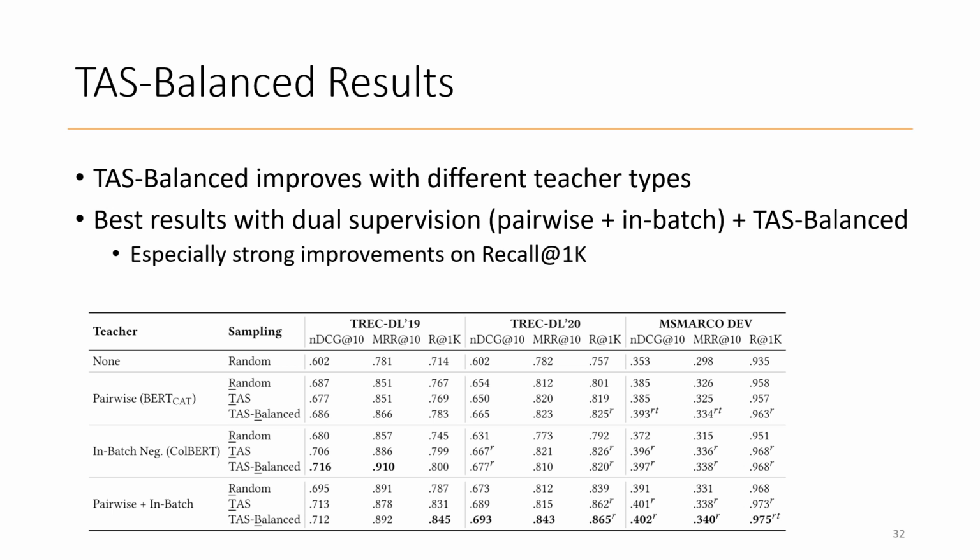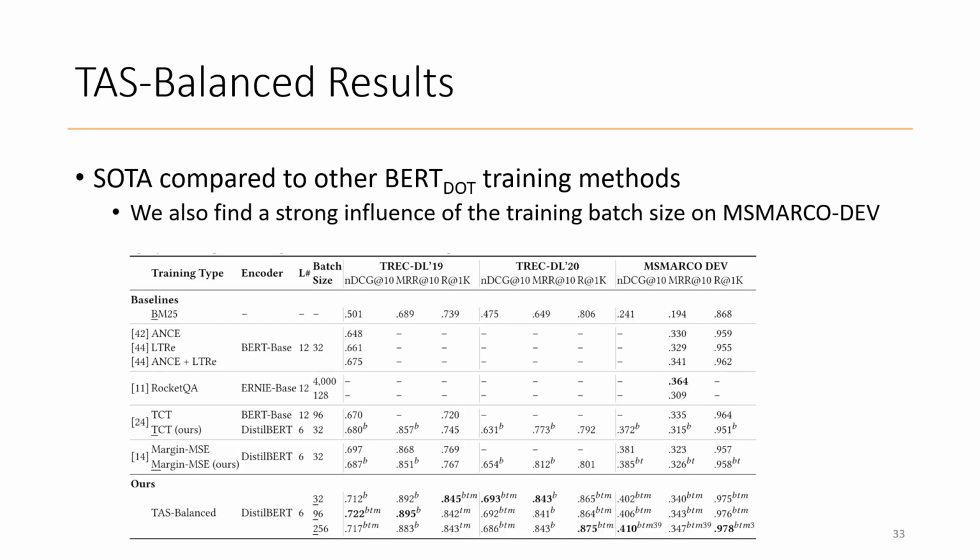Here we have especially strong improvements on the recall at 1000 values, both for TREC as well as the MS MARCO Dev collection. And then the important comparison, how does TAS-Balanced now compare with other dense retrieval training approaches?